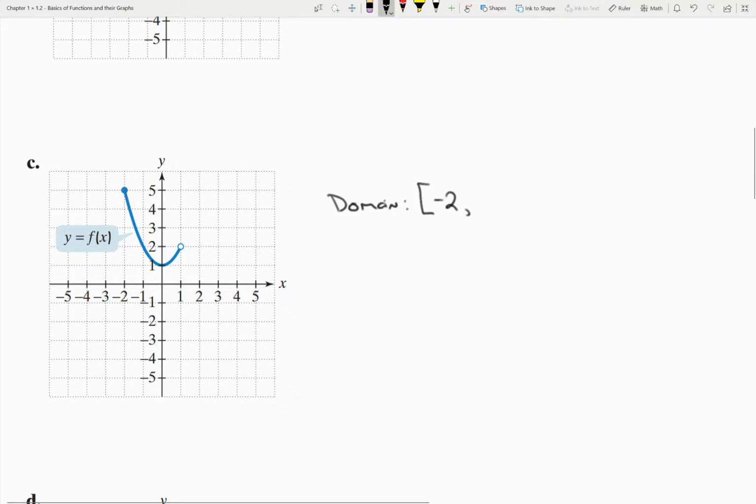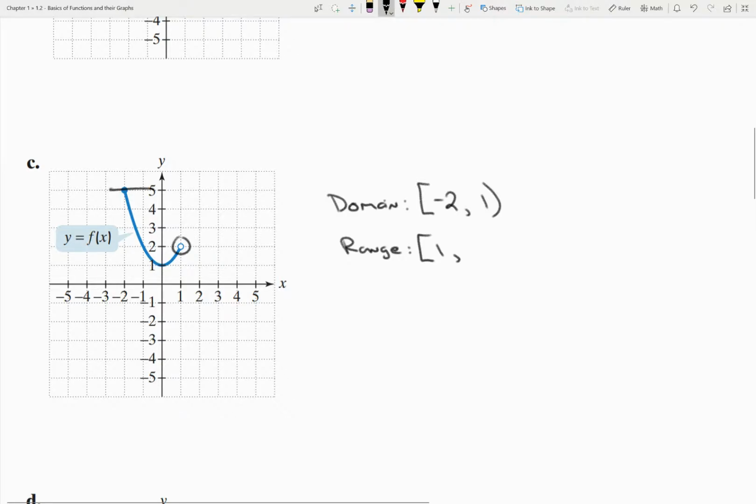The furthest point to the right, however, is a 1 with a parenthesis. Now the range, the lowest point on this graph is right there. So that's a bracket with a 1, because the function is continuous at 1. Now the highest point is right here.